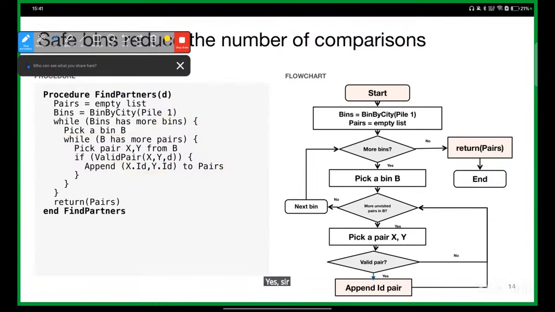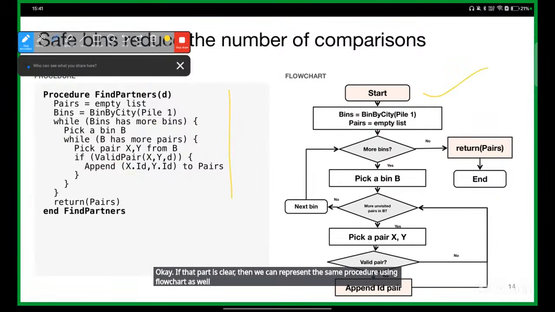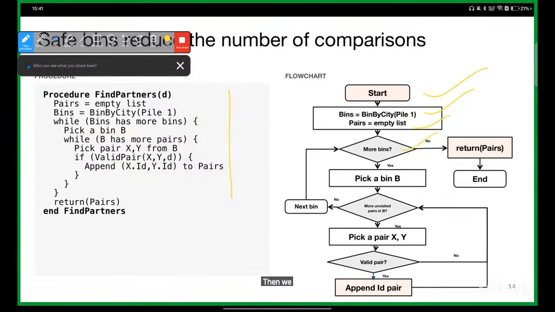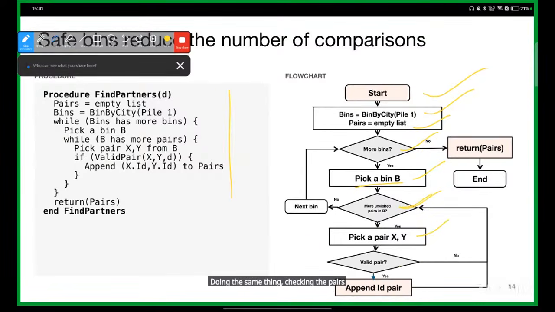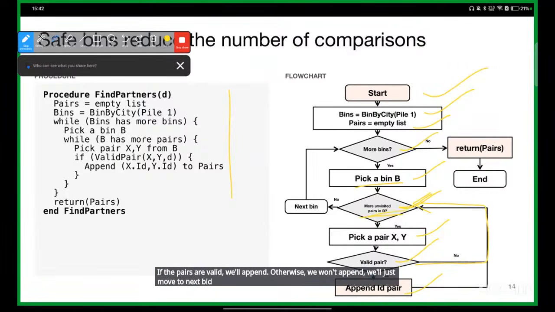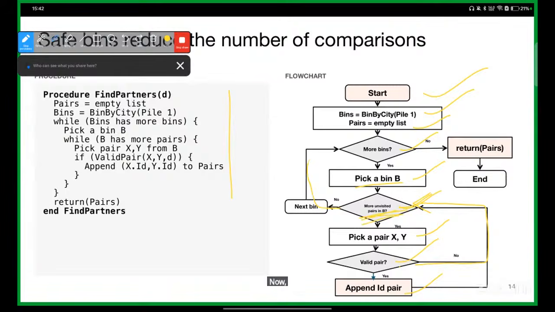Yes, sir. Okay. If that part is clear, then we can represent the same procedure using a flowchart as well. There is the start, then we create the bins and initialize our pairs list. Then we check whether there are more bins or not. If there are, we pick one bin, do the same thing, and check the pairs. If the pairs are valid, we append; otherwise, we won't append. We just move to the next bin.